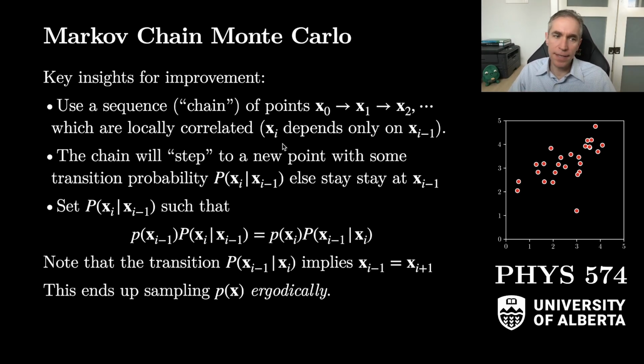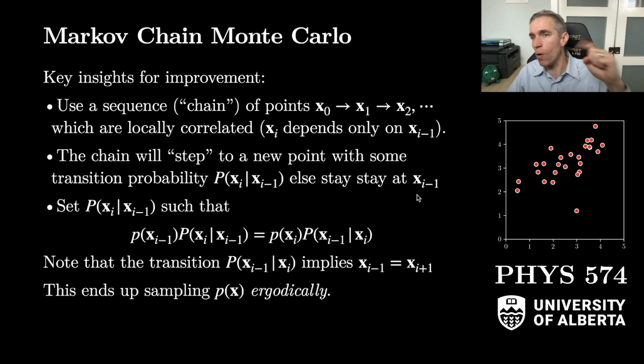I like to think about this as the chain stepping around in an n-dimensional space, and we define where it steps to as a function of where it is, and we establish a transition probability to take a step. So this capital P is the chance of going to xi given xi minus 1. Otherwise, if it fails to meet that probability, it stays at xi minus 1.